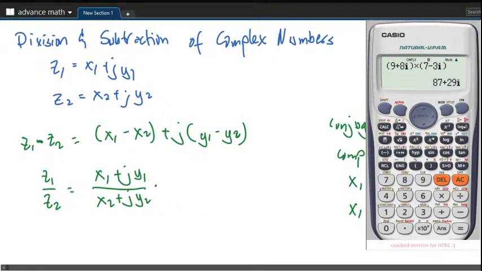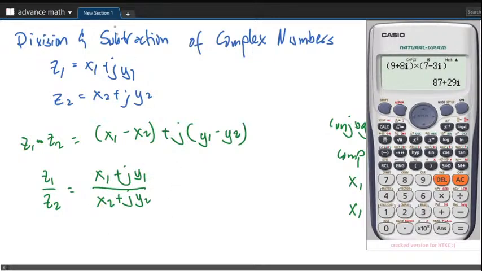So in dividing a complex number, we will multiply the numerator and denominator, of the given dividend and divisor, by the conjugate of the divisor.